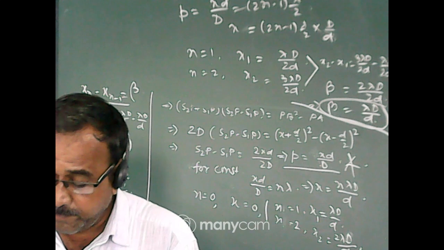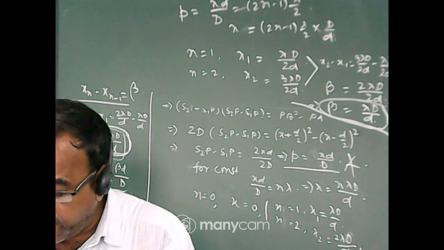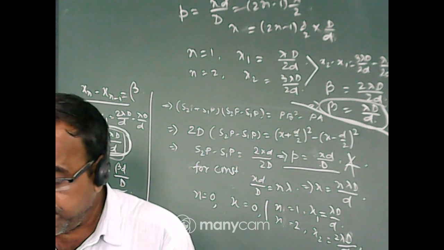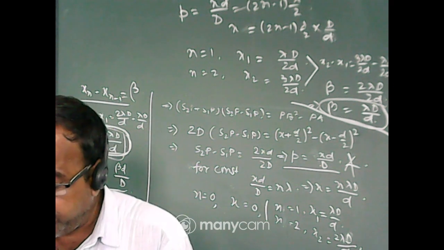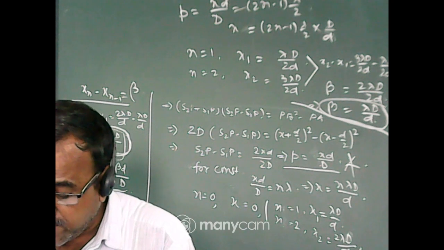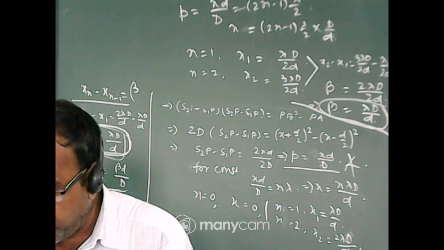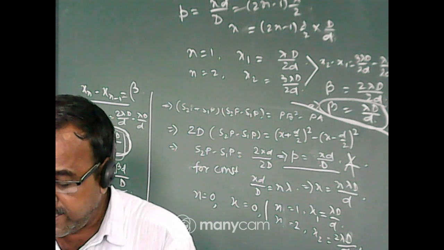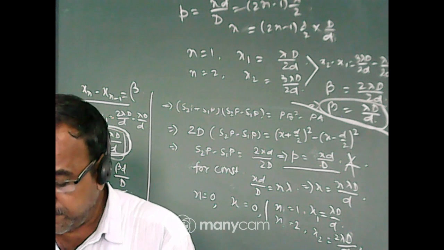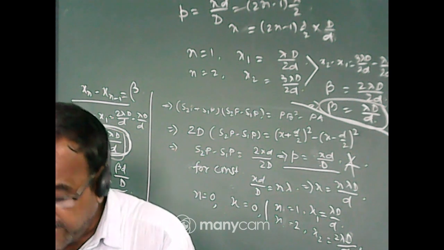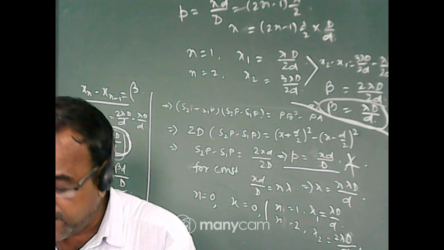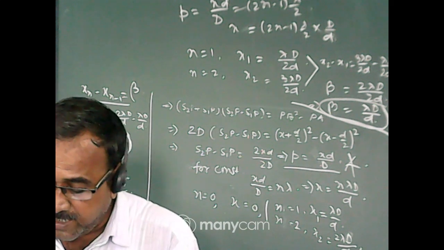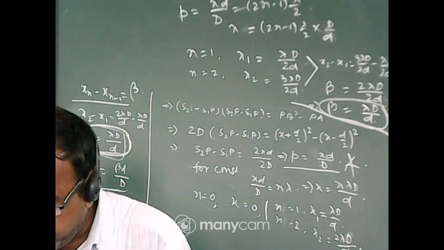Again I repeat it. Laser light of wavelength 630 nanometer, that means the value of lambda, incident on a pair of slits produces an interference pattern in which the bright fringes are separated by 8.1 millimeter. That means the beta. A second light produces an interference pattern in which the fringes are separated by 7.2 millimeter.